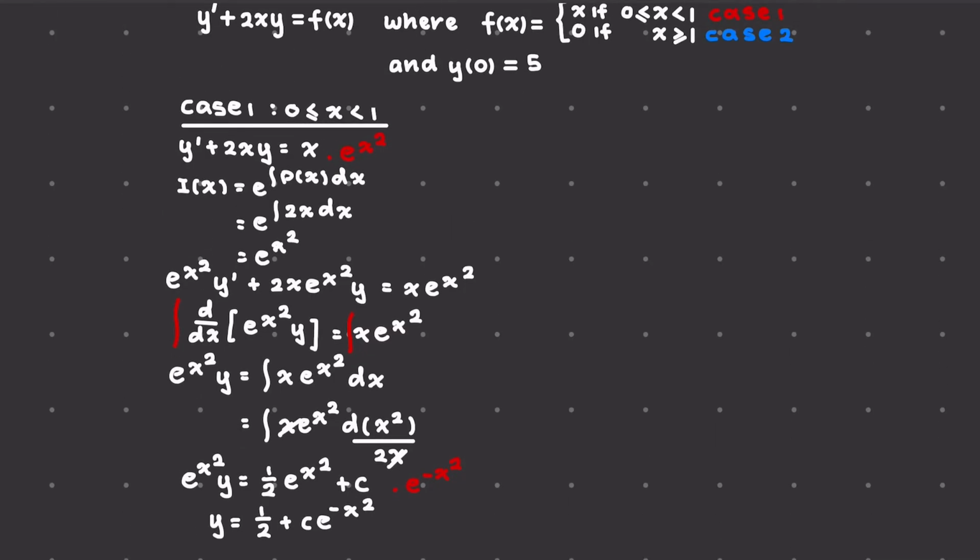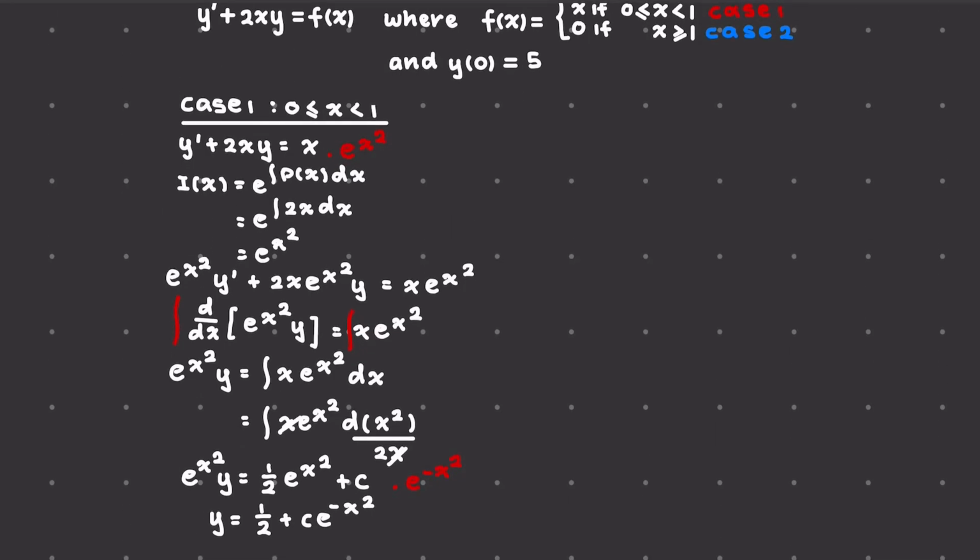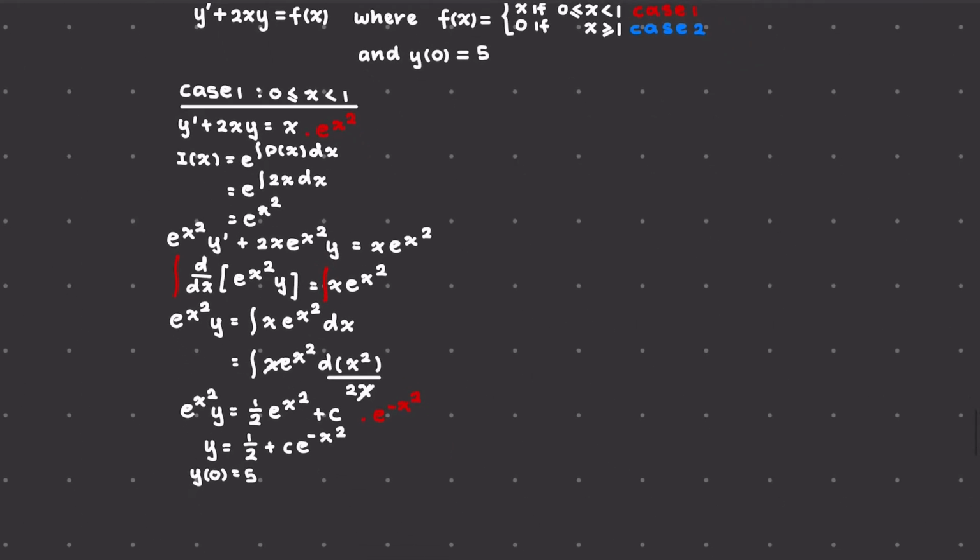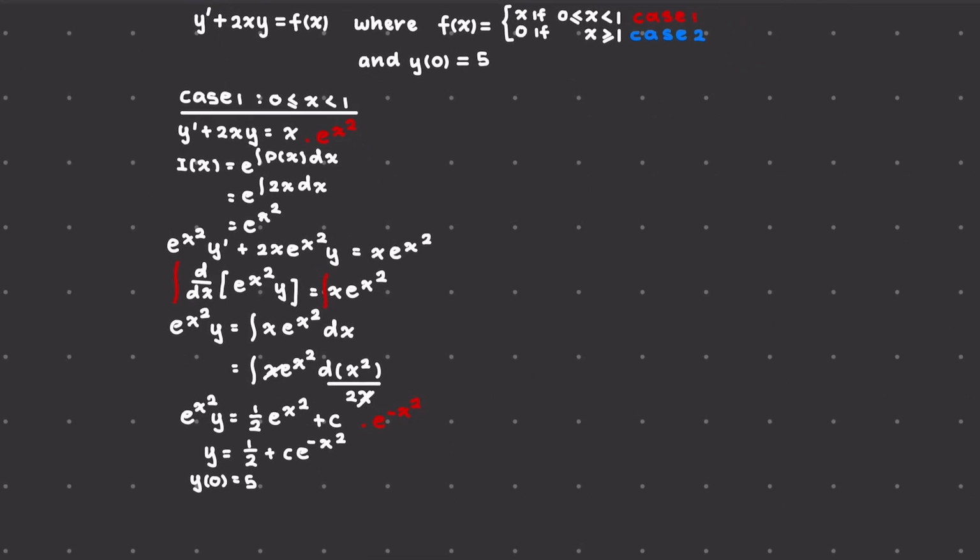Our initial condition here is y(0) equals 5. So let's solve for c from our initial condition by plugging in the values for y and x, which gives 5 equals 1 over 2 plus c e to the 0, and e to the 0 is 1, so this is just plus c.